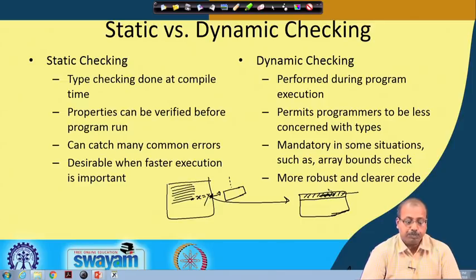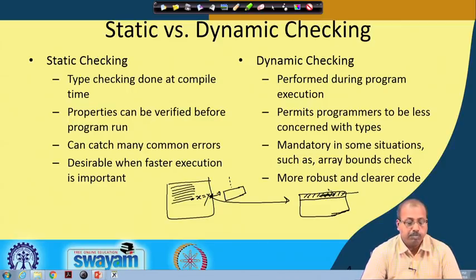Static checking can catch many common errors. What are the common errors? Like we have some variable types and there is a type mismatch. Those are very common errors, and the compiler can very easily catch those things.